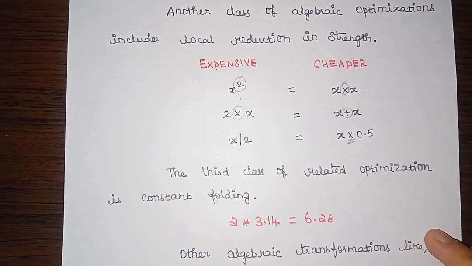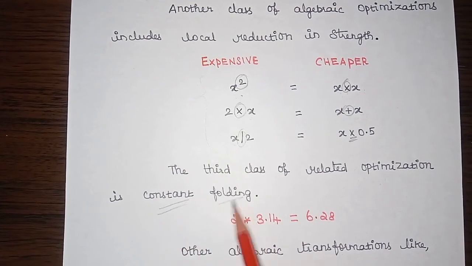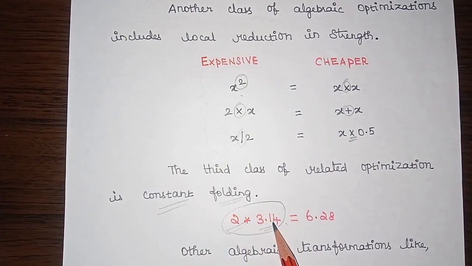And there is one more class of related optimization, the third class, and that is nothing but constant folding. Constant folding means whenever we have expressions with constant values like this. Here we have 2 star 3.14, which is an expression containing constant values. When we have an expression with constant values, this computation will also give us a constant value, which will not be changed anywhere in the program.